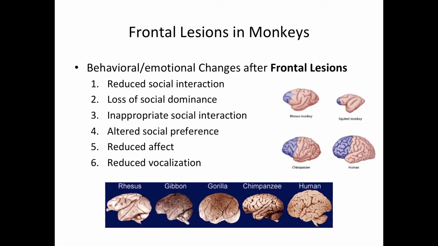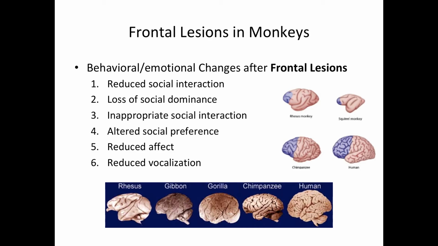So definitely remember that. The poker face is an example of reduced affect due to a frontal lesion in monkeys. This is not a simple loss of facial muscle control, because they can still produce these expressions. They just don't really do it.